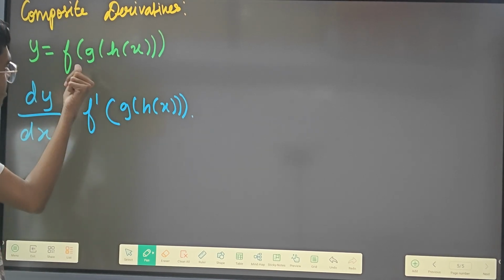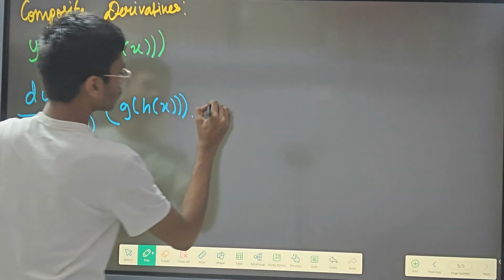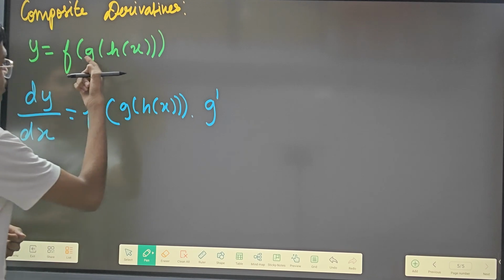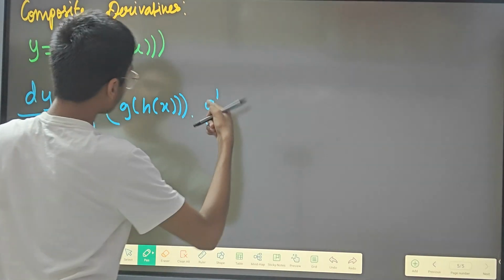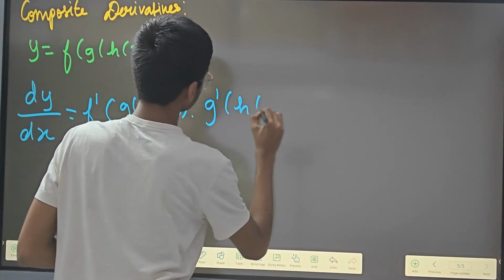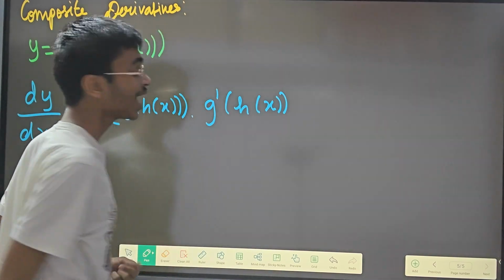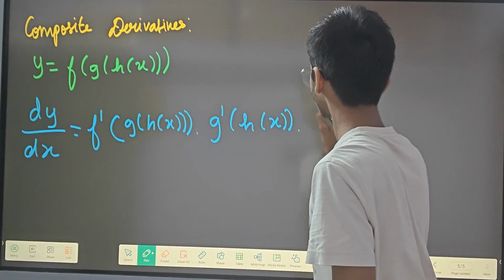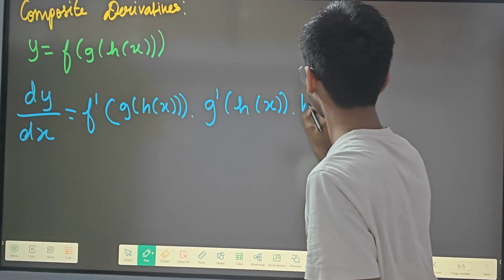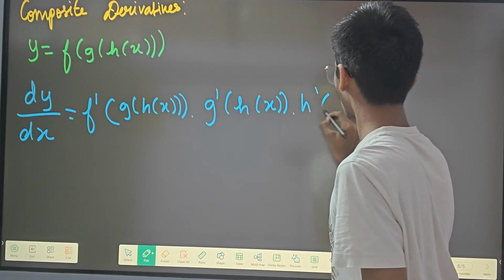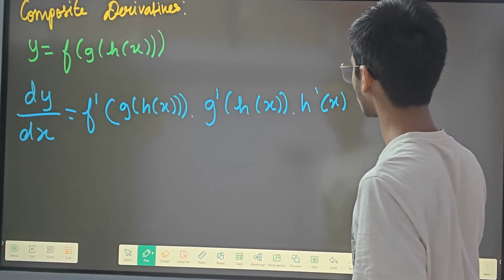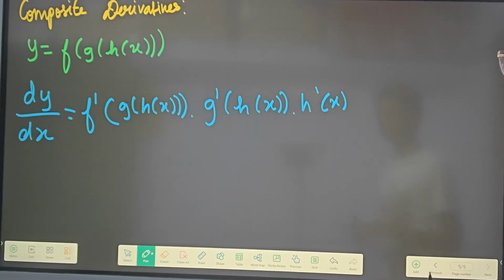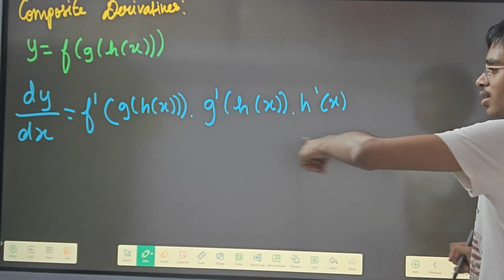The next function is g of h of x, so here g dash of h of x. Then again multiply, now you can write h dash of x. So this is what your thing is.